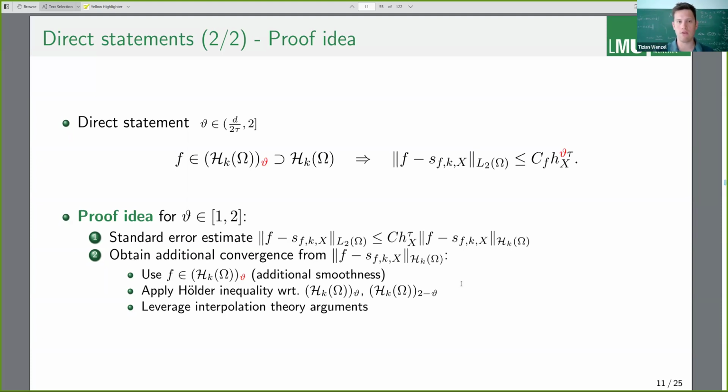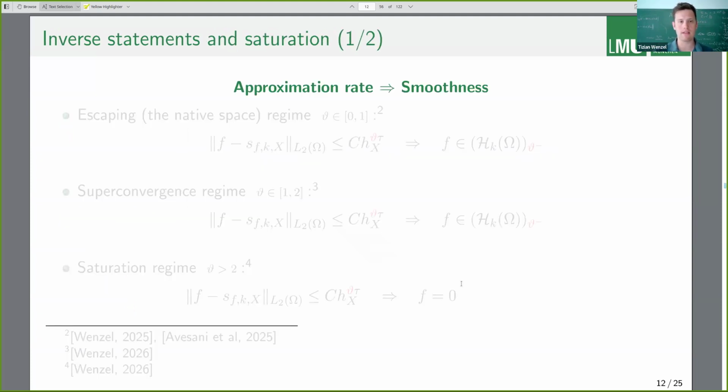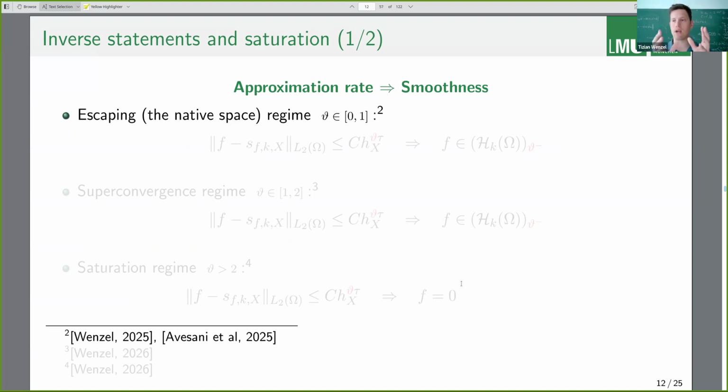And now I want to have a look into the inverse statements, and the inverse statements really go the other way around. We start with some approximation rate and we can conclude the smoothness of the function. And here I also want to show the statements for both regimes. So we see in the regime where we are outside of the LKHS, we see usually some approximation rate.